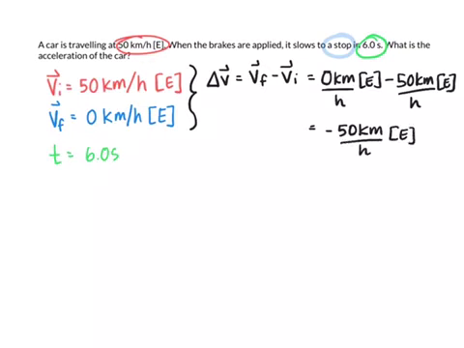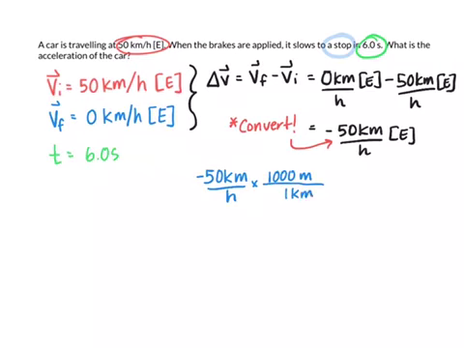Now we need to convert this into meters per second. So we're going to do that now. We're going to take negative 50 kilometers per hour times, first thing we're going to change the kilometers into meters. So we know there's 1,000 meters in 1 kilometer.